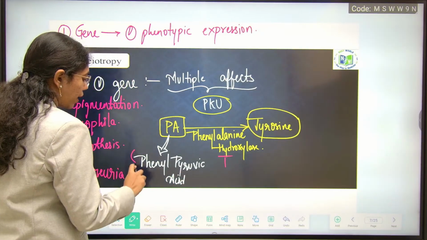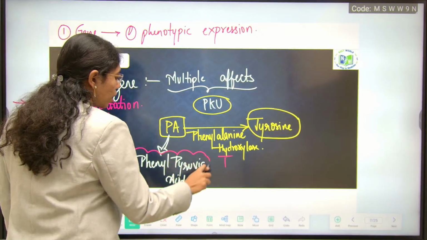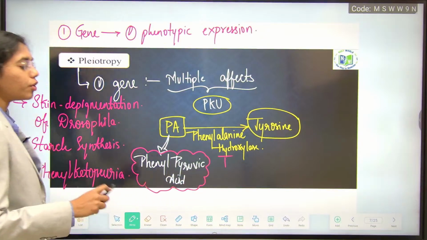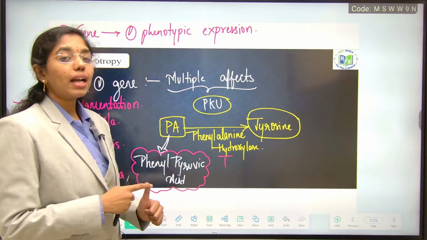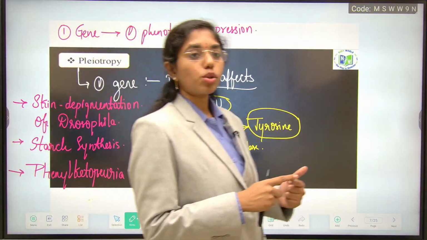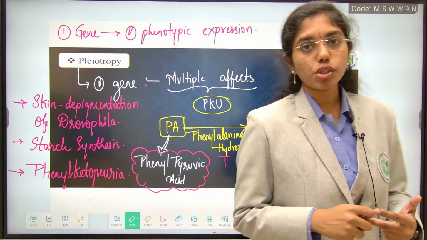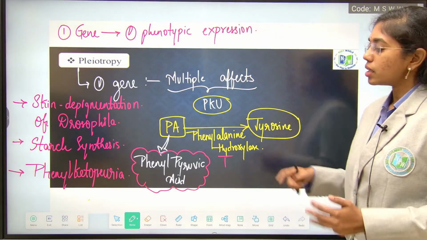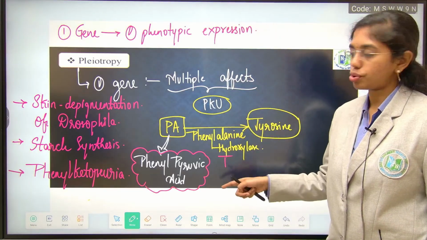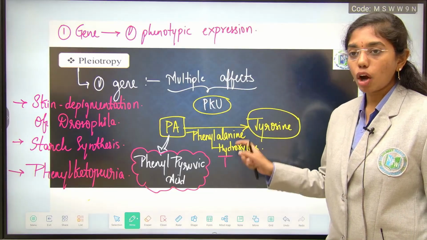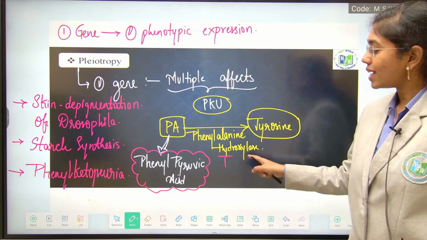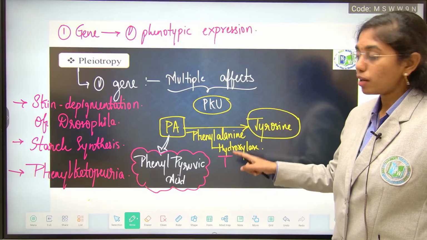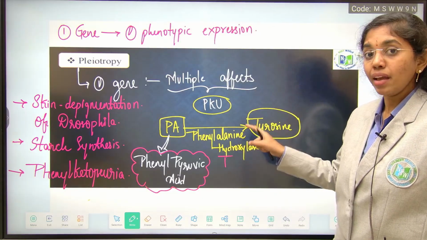This results in many phenotypic expressions like mental retardation, frequent micturition, skin depigmentation, kidney diseases and nervous issues. All these effects are caused just because of the absence of a single enzyme. The one gene, one enzyme concept says that one enzyme is coded by a single gene.